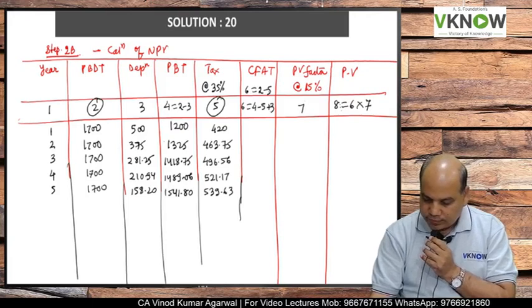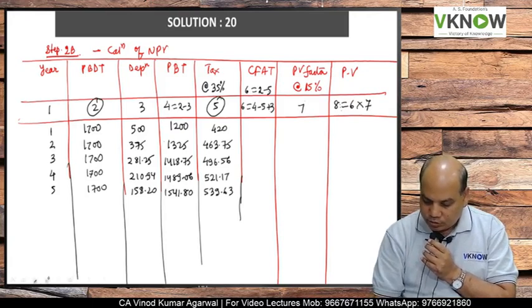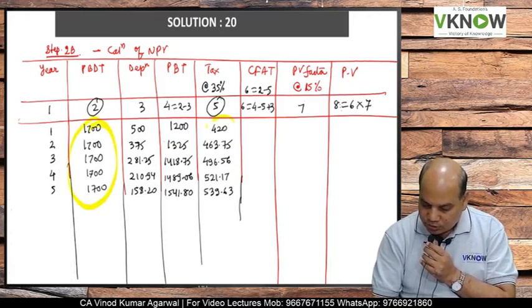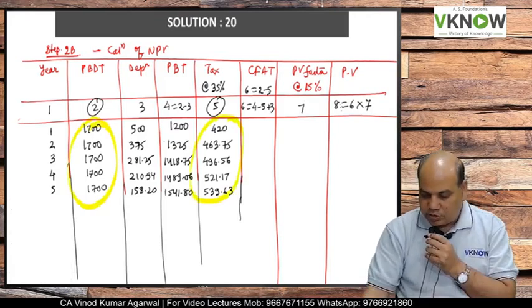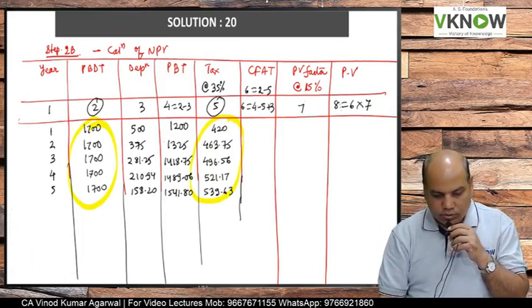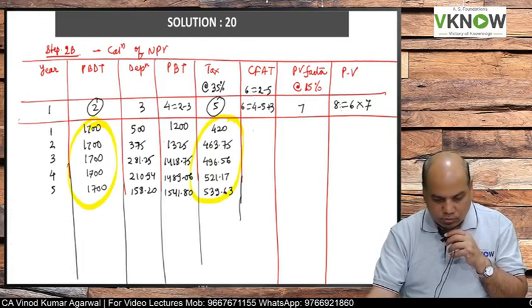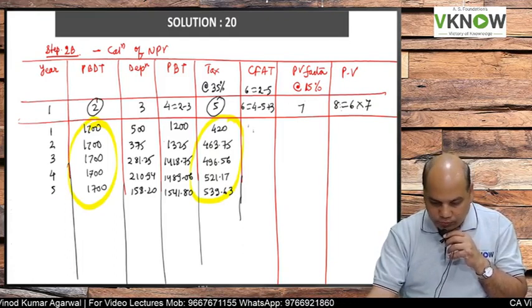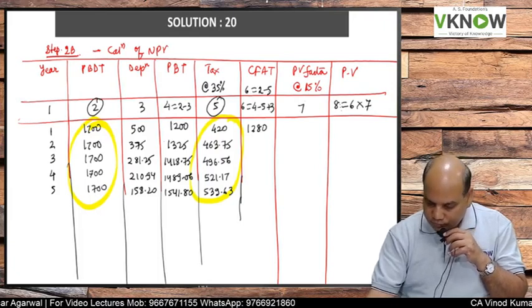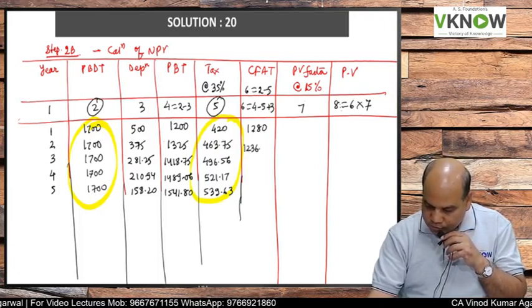539.63. Now CFAT, either you can take column number 2 minus column number 5. That I think will be easier. 1280. Okay. 1236.25.